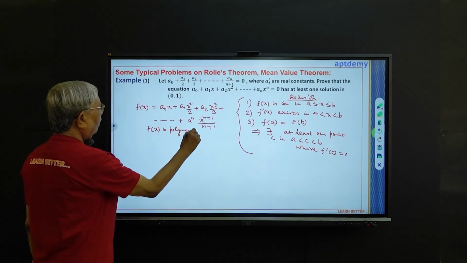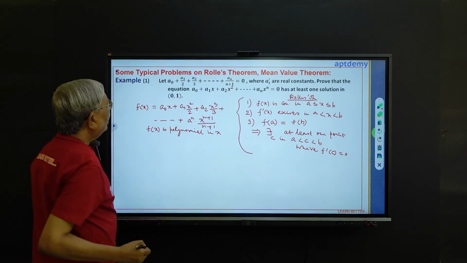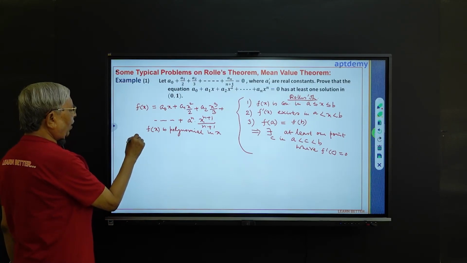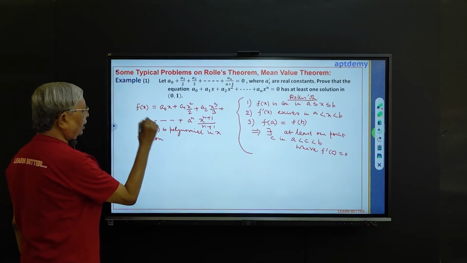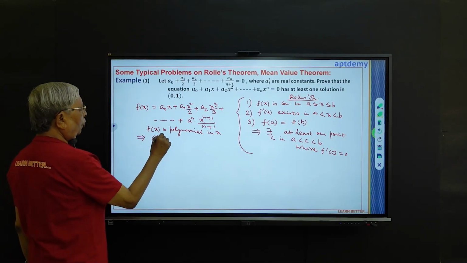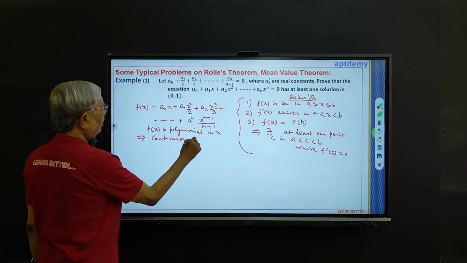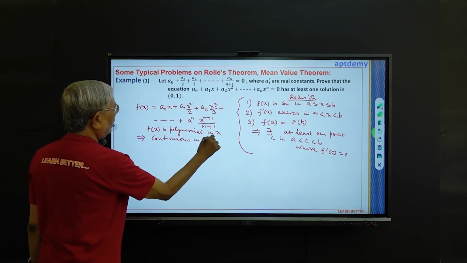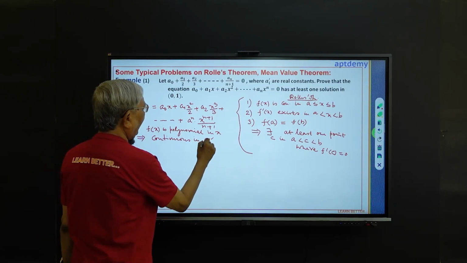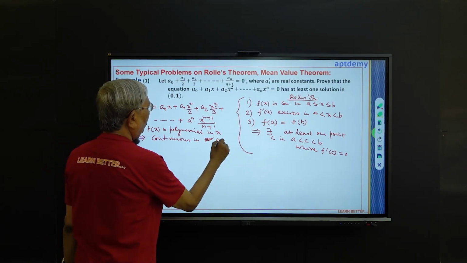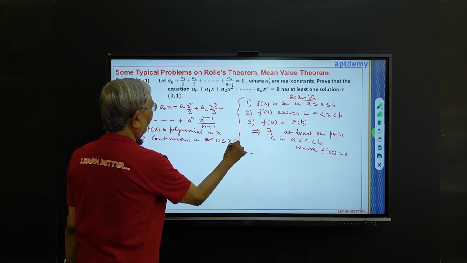Every polynomial is always a continuous function. So it is continuous in the closed interval. We have taken the interval here as 0, 1, so 0 less than or equal to x less than or equal to 1.